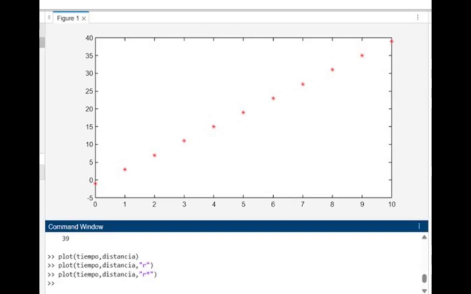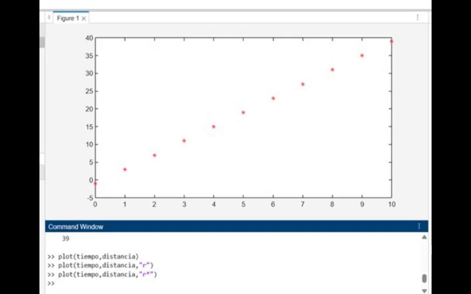Using MATLAB, we generated a graph where the horizontal axis represents time in seconds, and the vertical axis represents position in meters. In the same graph we plotted the motion of both cars in order to compare their trajectories.